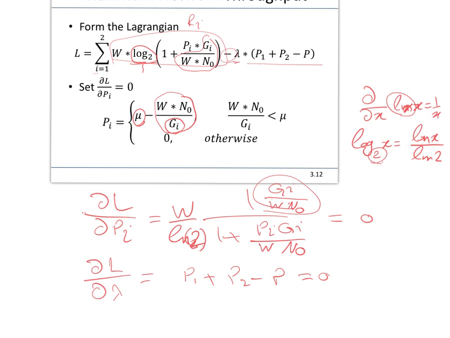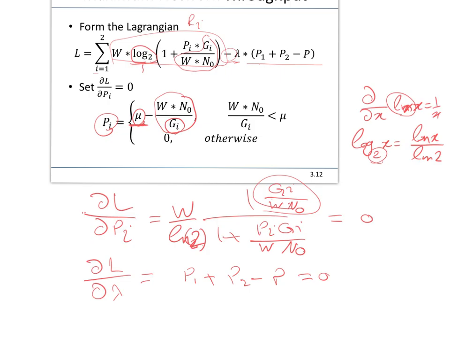If we give him high transmit power, we are wasting that resource because he has low channel gain. So this means that we have a water level, and based on this, we try to allocate the Pi that gets the user up to that mu level.